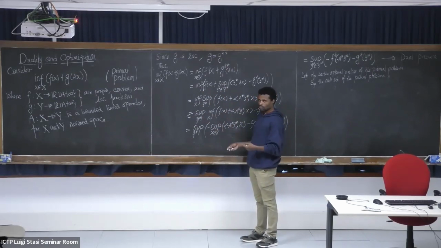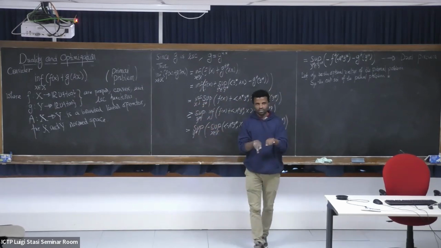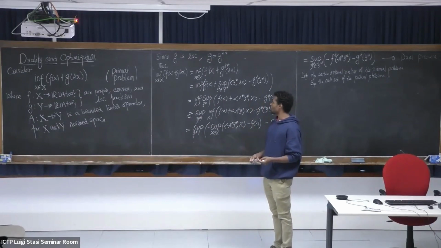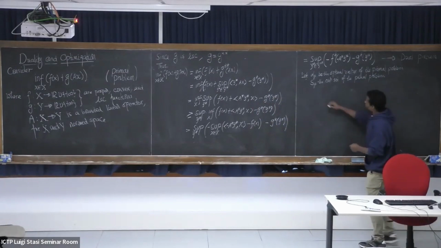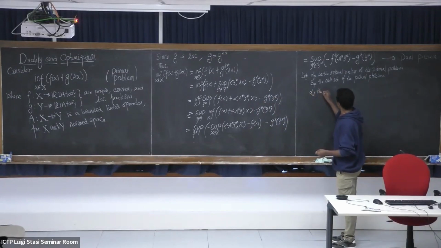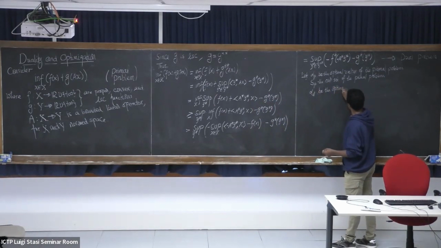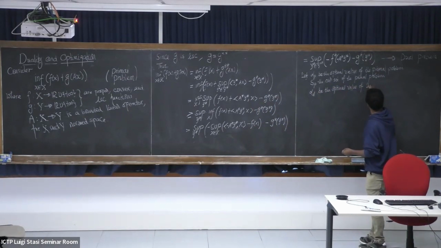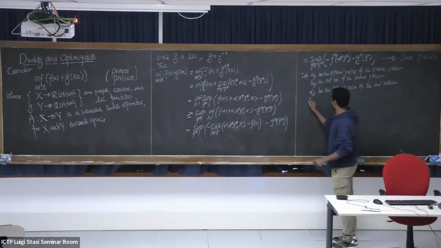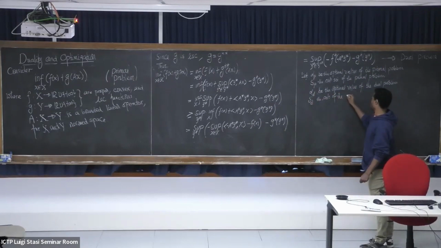It is just finding the saddle point, or having certain conditions so that the minimax problem gives the same optimal solution for the primal and the dual problem. Let alpha d be the optimal value of the dual problem, and let C be the solution set of the dual problem.